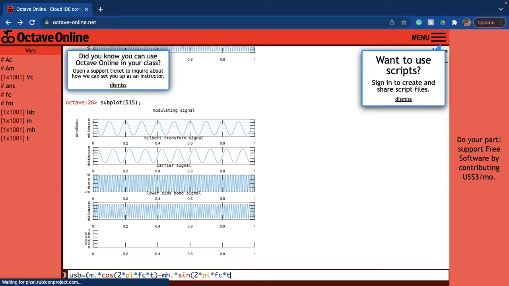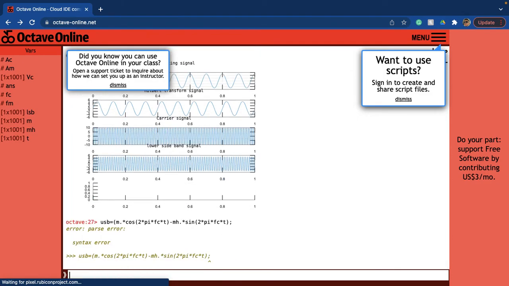Let me just check. m into cos 2 pi fct minus mh sine 2 pi fct. This is my upper sideband.